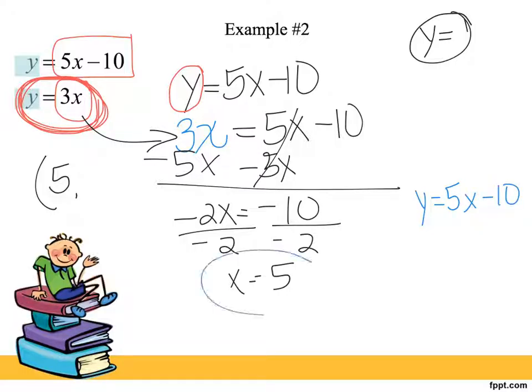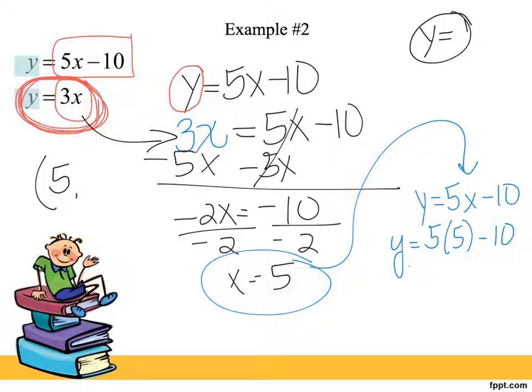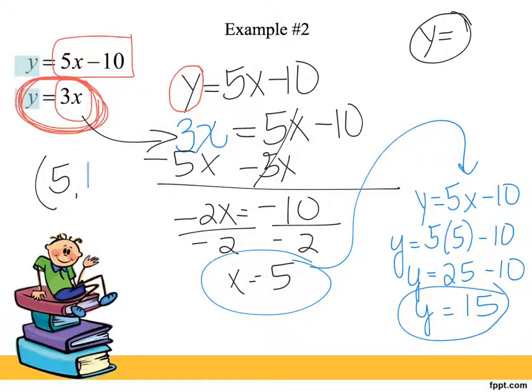And now I'm going to substitute my x equals 5 into the equation. y equals 5 times 5 minus 10. y equals 25 minus 10. So y equals 15. So my coordinate, or my solution, is (5, 15).